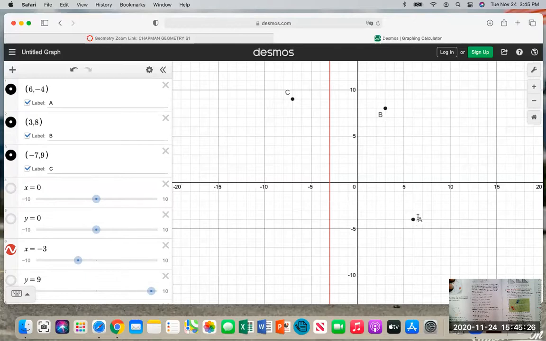B and A are just going to flip to the other side. That's all reflection is. Just make sure the distance is preserved. So for example, from C to that line of reflection, that's 1, 2, 3, 4 units away. So C prime has to be on the other side 4 units away. 1, 2, 3, 4. So C prime is going to be at 1 comma 9.